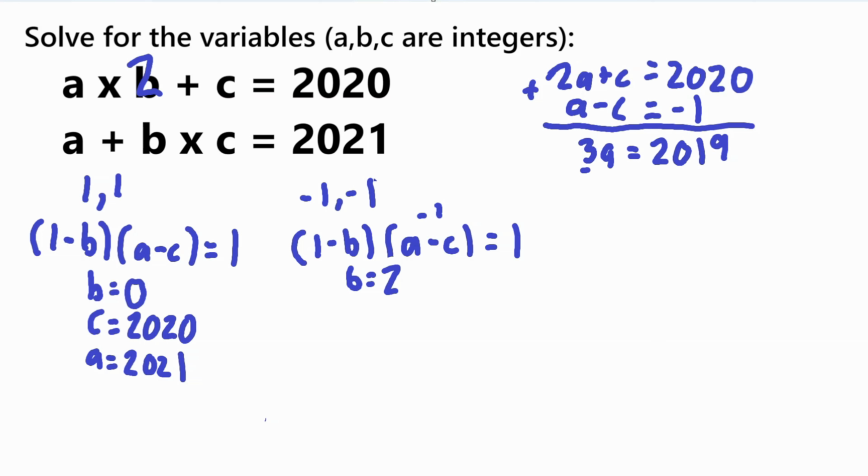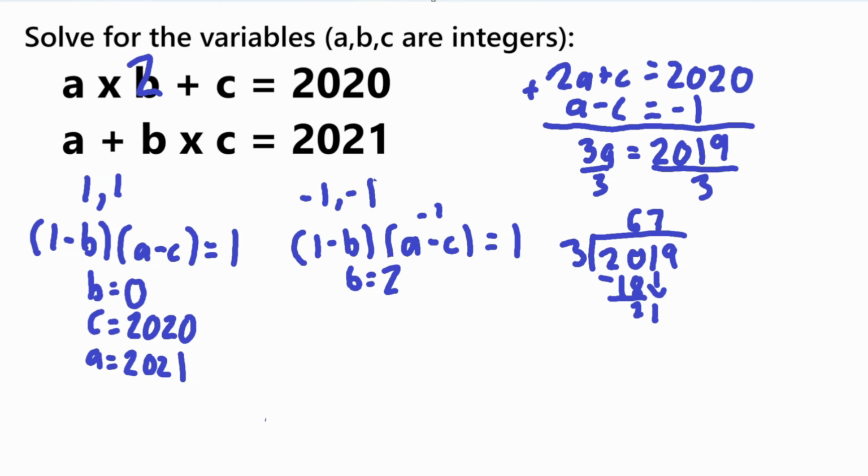Now, to solve for a, we need to divide by 3. So we do 2019 divided by 3, and let's use long division to solve. 3 goes into 20 6 times, so subtract 18, we get 2, drag the 1 down. 3 times 7 is equal to 21, then we drag down the 9, 3 times 3 is equal to 9.